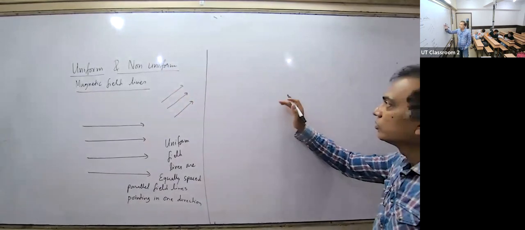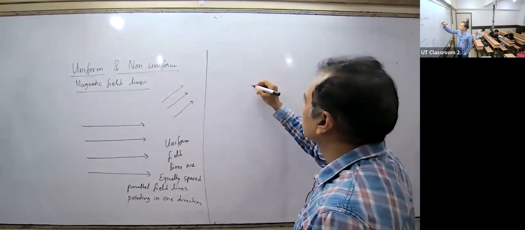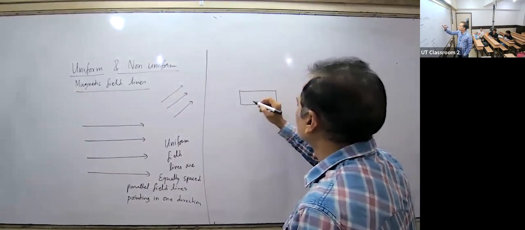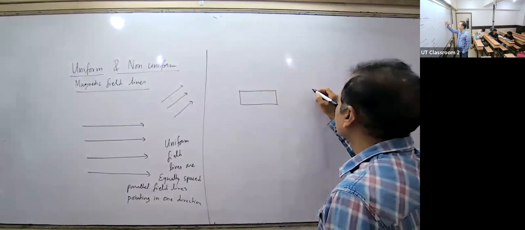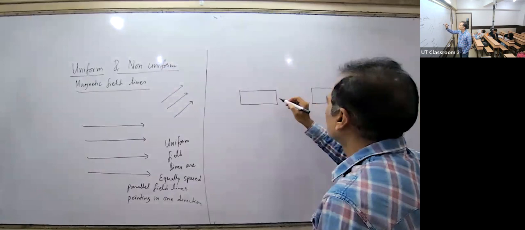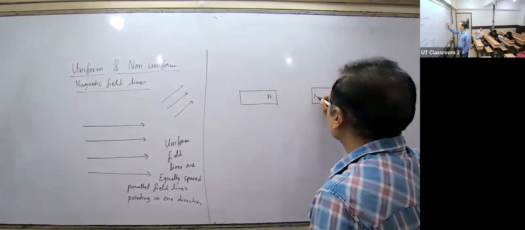So when will you have non-uniform field lines? Suppose you have two magnets, with north poles facing each other like this.